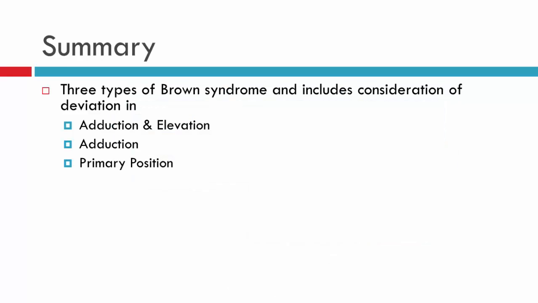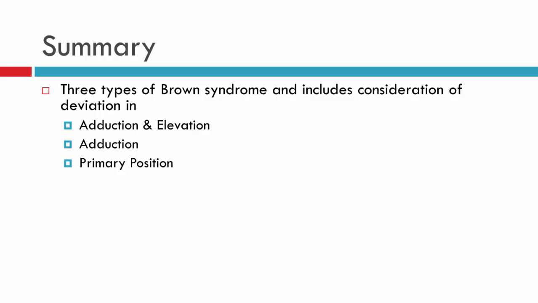In summary, there are 3 types of Brown syndrome, and in order to classify the patient as having either a mild, moderate or severe, you need to consider the deviation in 3 specific positions: primary position, lateral gaze, or when the eye is in adduction, and when the eye is elevating in adduction. Now for all 3, mild, moderate and severe, they will all have the sign of limited elevation in adduction.